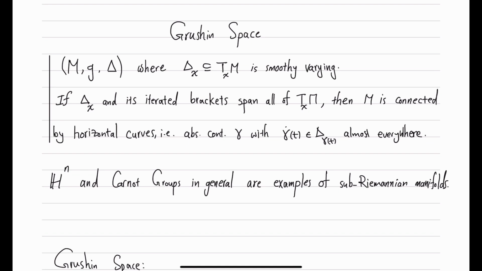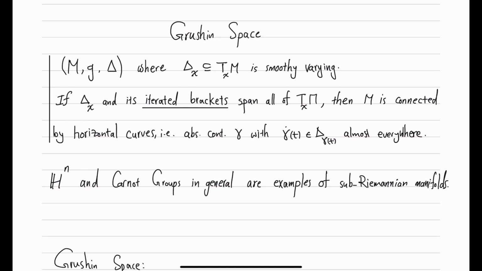The most important property we want is that this choice of subspaces be bracket generating, which means that maybe Δx is not all of Tx, but the brackets of vectors in Δx and possibly further steps do end up giving us vectors so that the span finally is all of the tangent space.